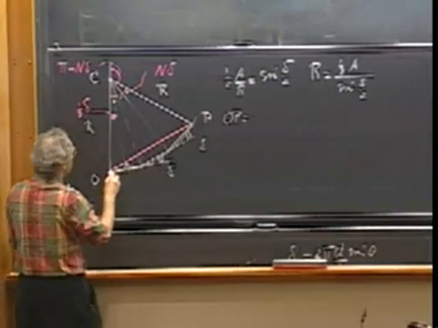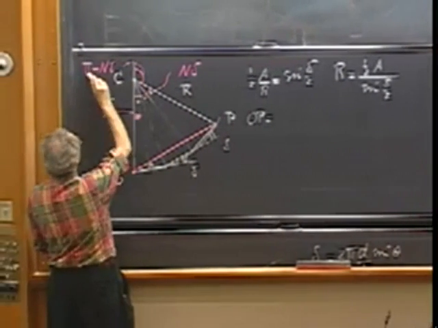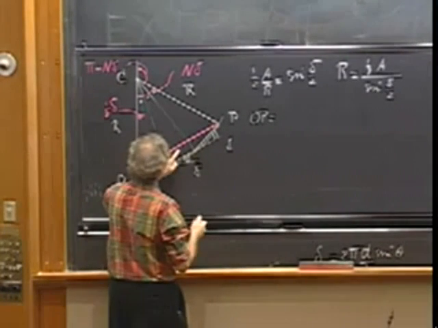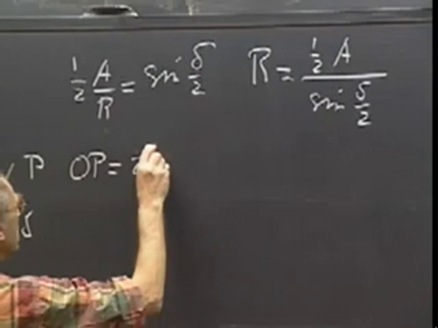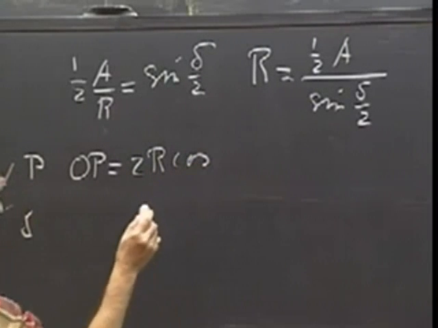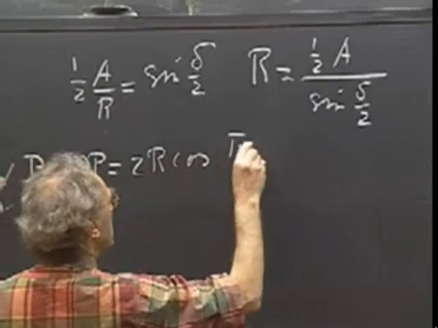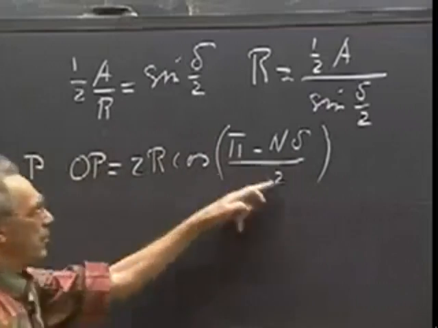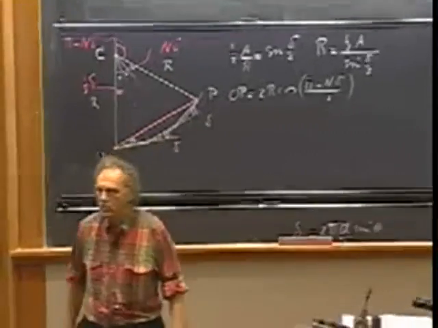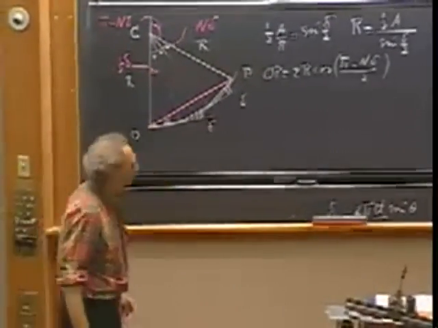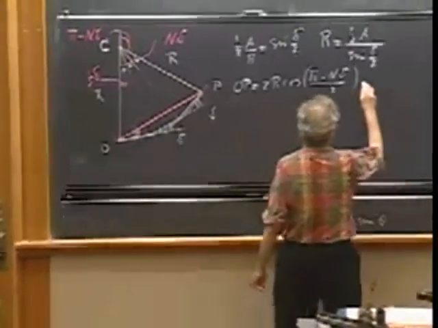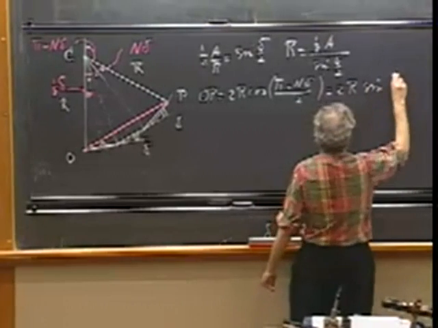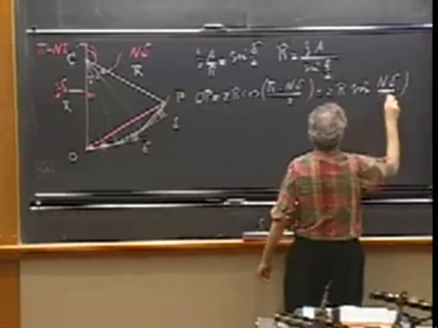I want to know the third side, and I know this angle, which is pi minus n delta, and therefore this length here is 2r times the cosine of half that angle, pi minus n delta divided by 2. But pi over 2 is 90 degrees, and 90 degrees minus the angle is the sine of the angle. So I can also write for this 2r times the sine of n delta over 2.